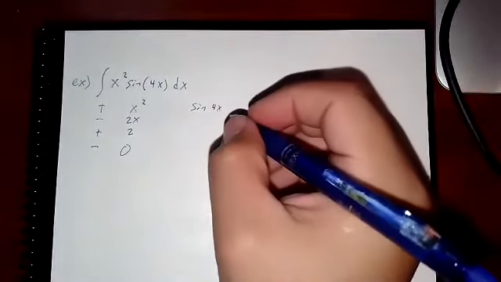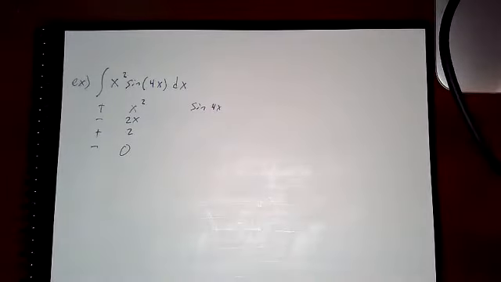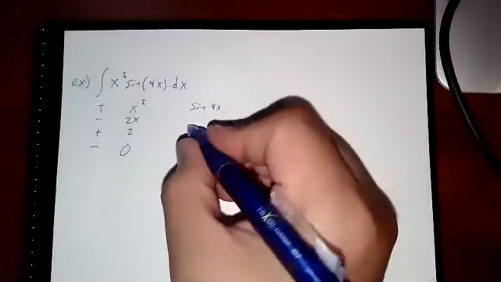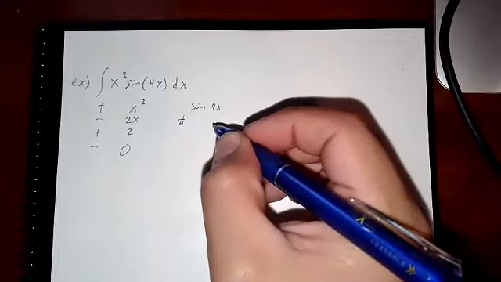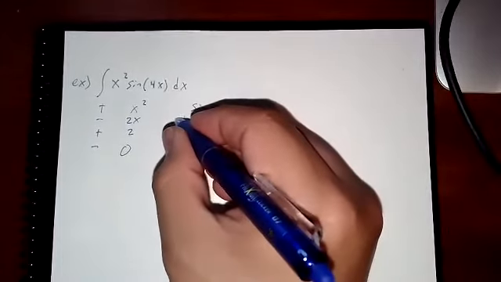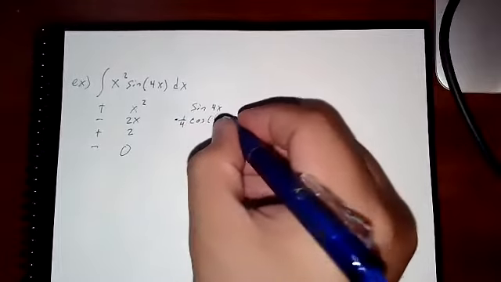So what is the integral of sine 4x? 1/4, right? Negative cosine 4x. Yeah.